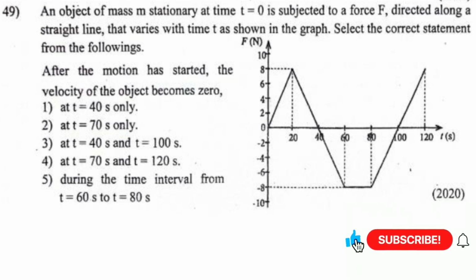After the motion has started, the velocity of the object becomes 0 at 40 seconds only, 70 seconds only, at 40 seconds and 100 seconds, at 70 and 120, during the time interval from t equals 60 to 80.